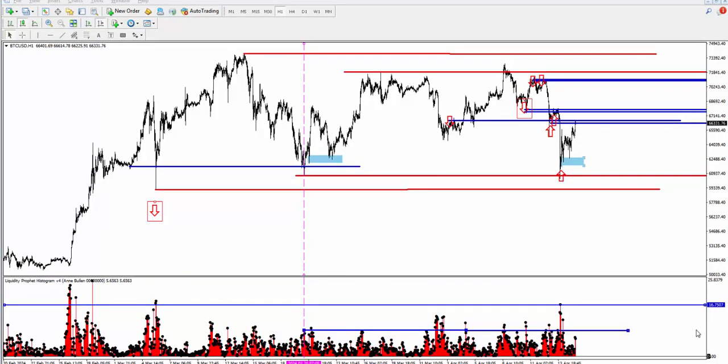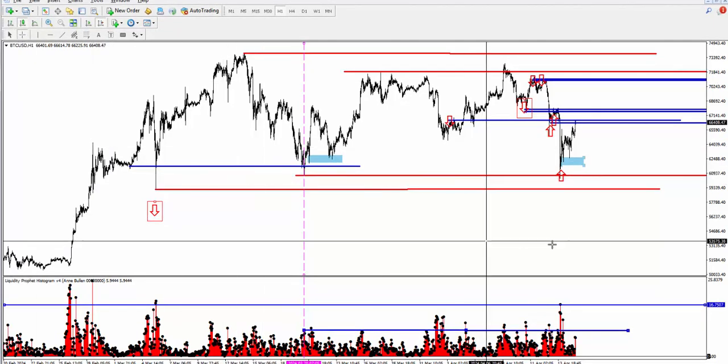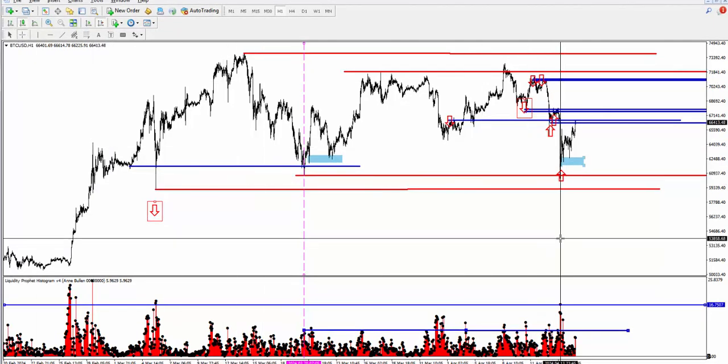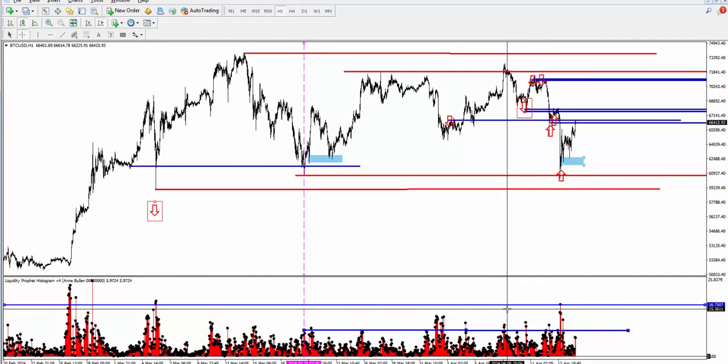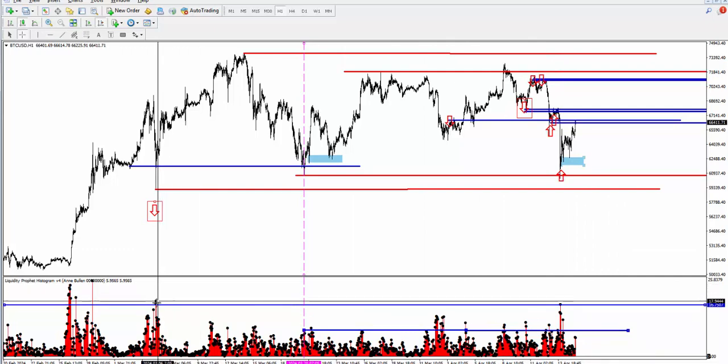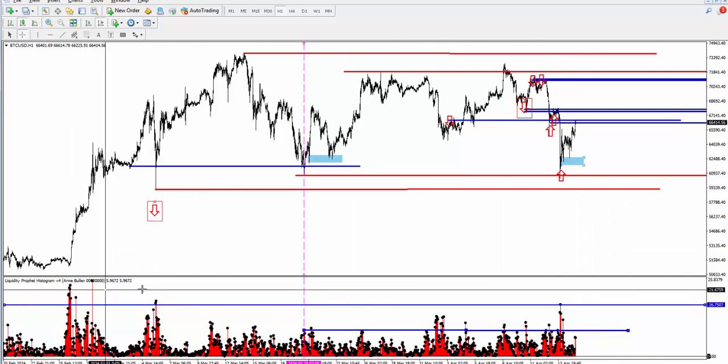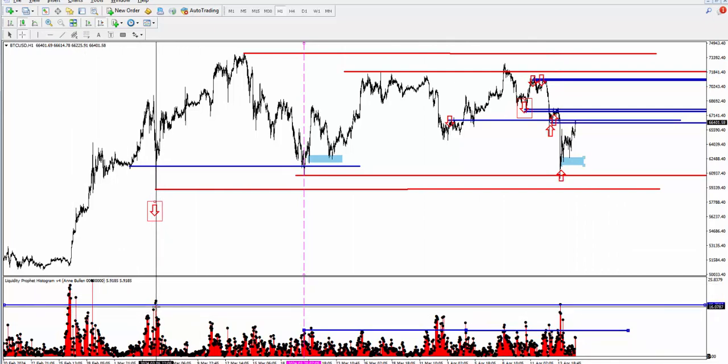So using the histogram to actually guide my decision-making process, why do I think that we might go up from here? Well, if you look at the liquidity that was formed on Friday, you can see we had a very high level of liquidity, and the only time we had that level of liquidity or higher, we had quite a strong move.